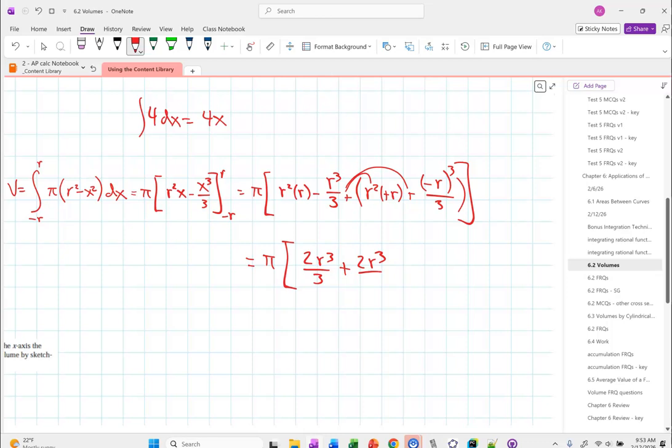It's another r cubed over 3, or 2r cubed over 3, excuse me. Is everybody okay? When I add those together, I have 4/3 pi r cubed. That's our volume equation for a sphere.